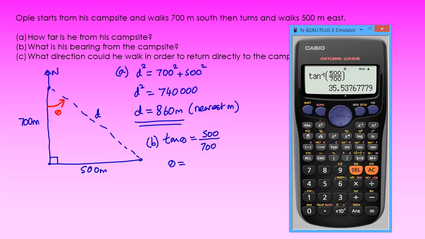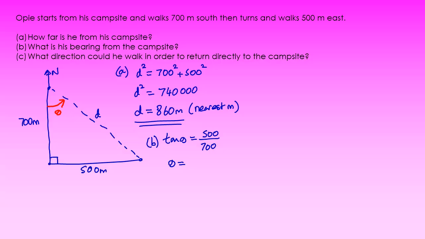That gives me 35.5 degrees to one decimal place. So he started from the south and he'll have turned 35.5 degrees towards the east.